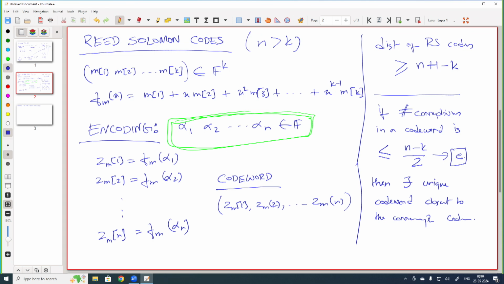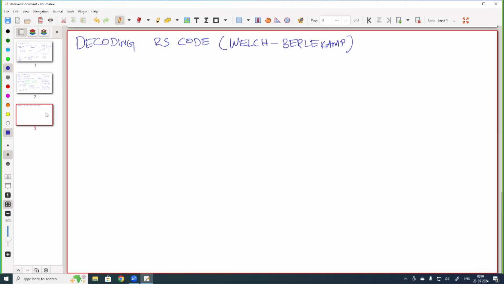Whenever I receive a message, the number of errors in that message is at most E. Then I create a polynomial E of x, which is defined as, okay, let me write this first. Let us say I received something which was z1, z2 up to zn, right. So, here is some zi, right.